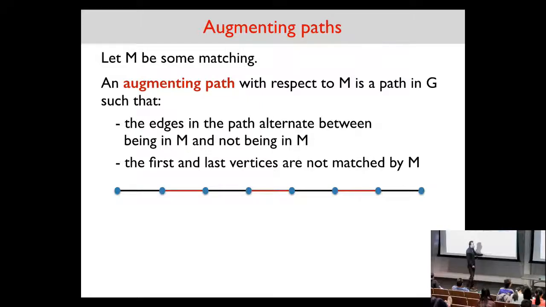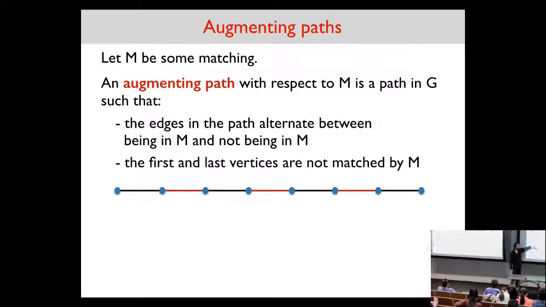The red edges are the edges in the matching M. So you have an unmatched edge, matched edge, unmatched edge, and so on. And these vertices at the end are not matched, which means they're not next to any red edge. Same for the last one.